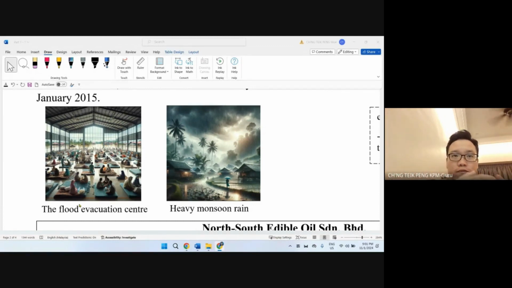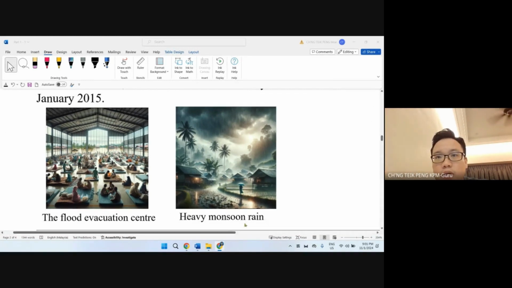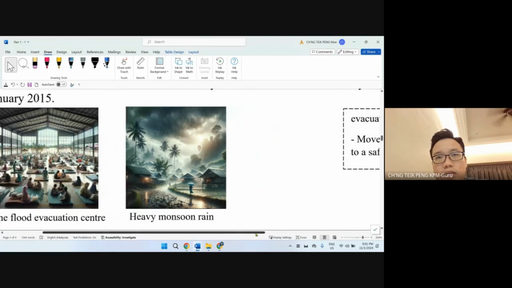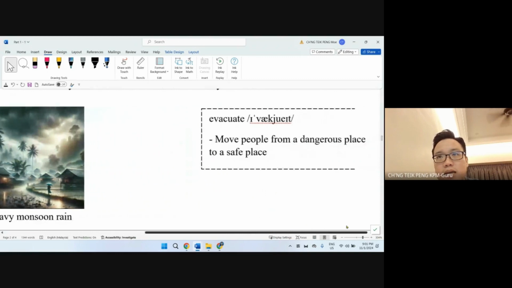They go to a flood evacuation center. And heavy monsoon rain. Monsoon rain is heavy rain. It's seasonal heavy rain, mostly happening in Southeast Asia.